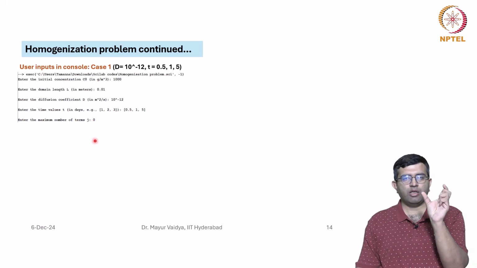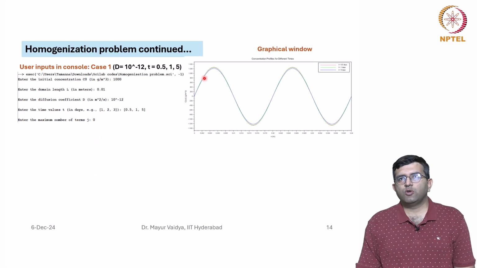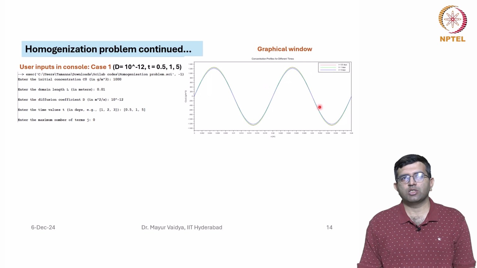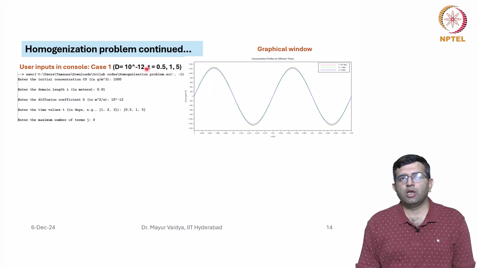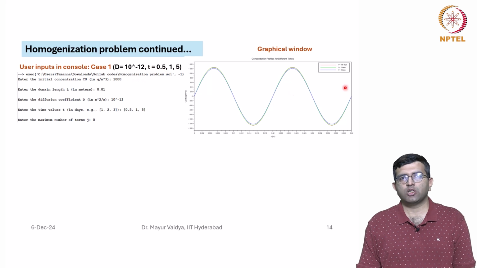So, that means I evaluate only the first term. So, you see that here the composition profiles are very close. Okay. Nothing has come to average composition. You still have a sinusoidal variation. So, clearly this diffusion coefficient is too small for any homogenization to occur.